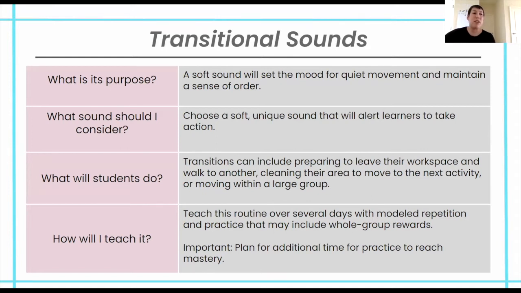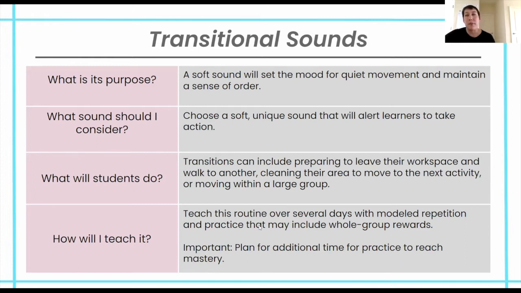So at first they wanted to rush and run, but once we emphasized safety and paired our transition with a countdown timer, they were much more successful. So in my classroom, one soft tone signals students to finish the activity and tidy their workspace. And then 1 minute later, two soft tones signal students to move to their next center or activity.